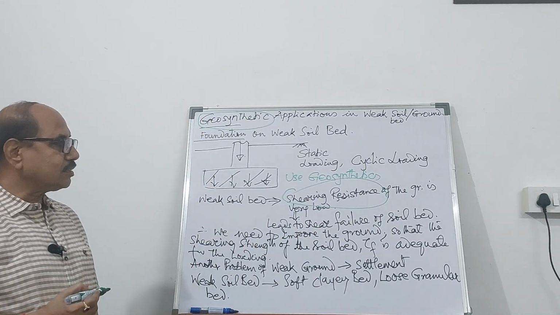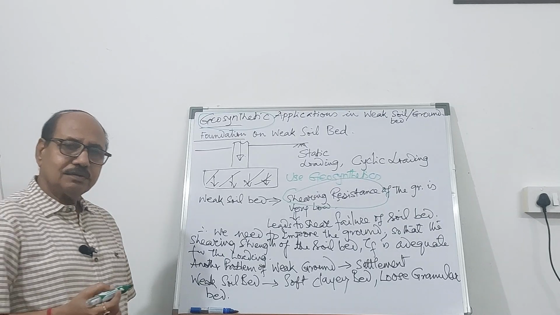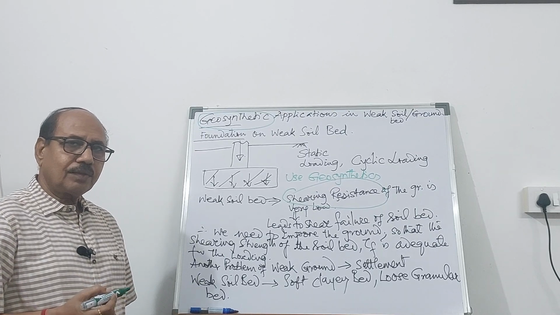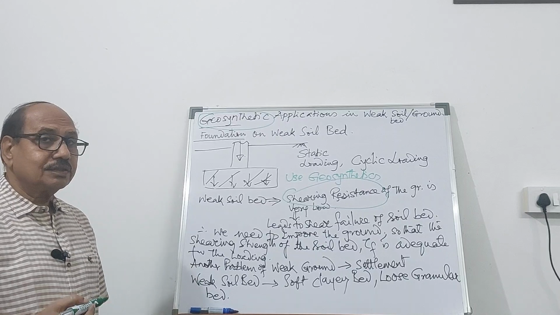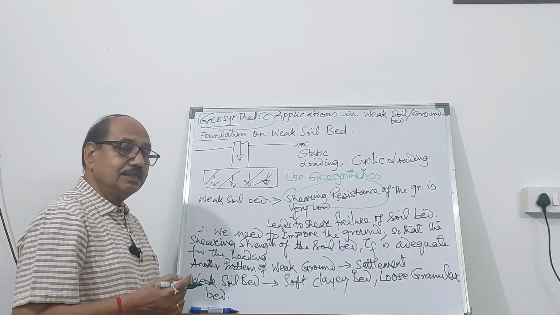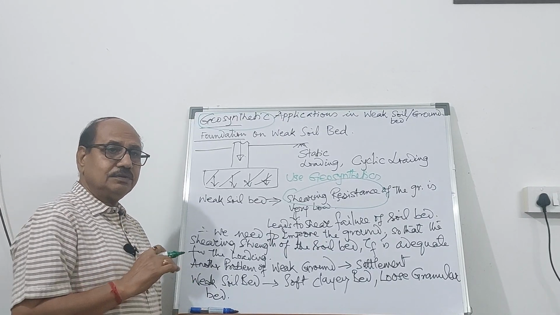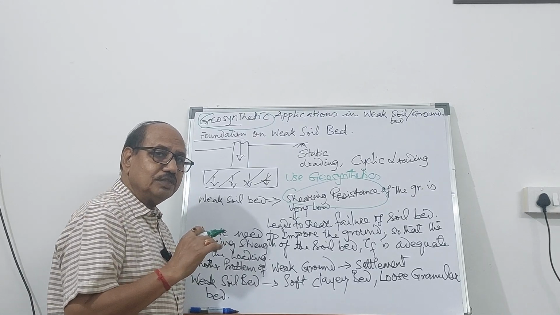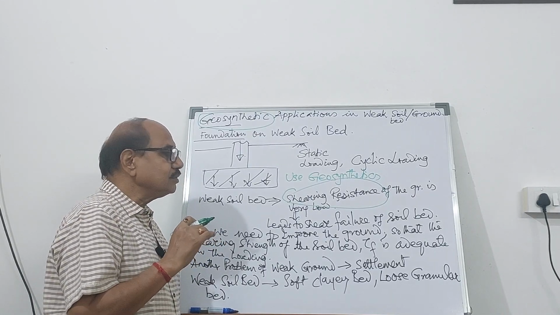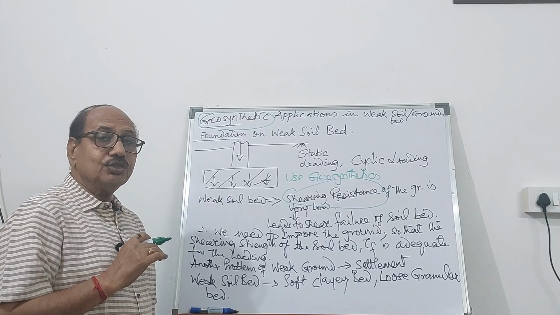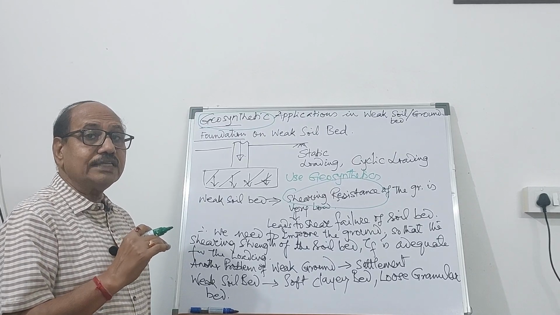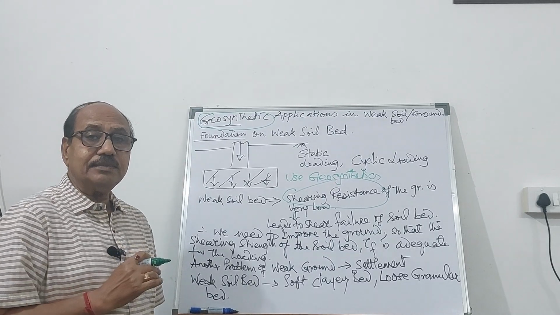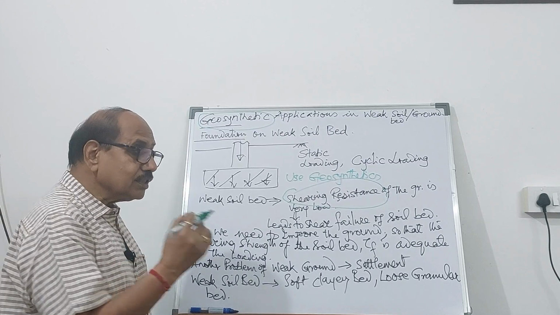You have to improve this. You have to take care of this. Therefore, you need reinforcement. If you want to improve the shearing resistance of the ground, the geosynthetic should be used as a reinforcing element, reinforcing material.